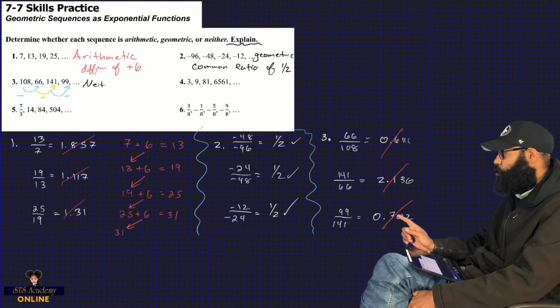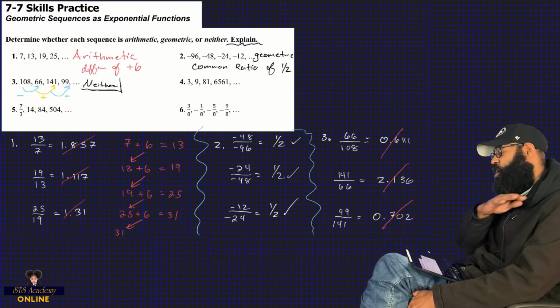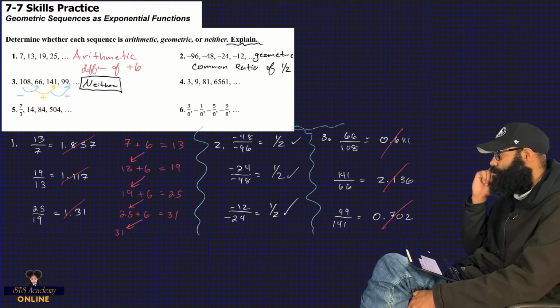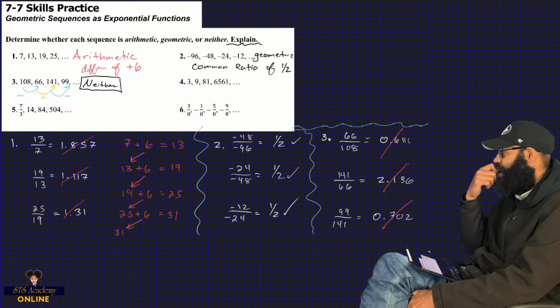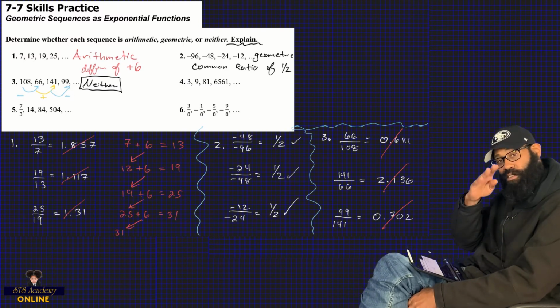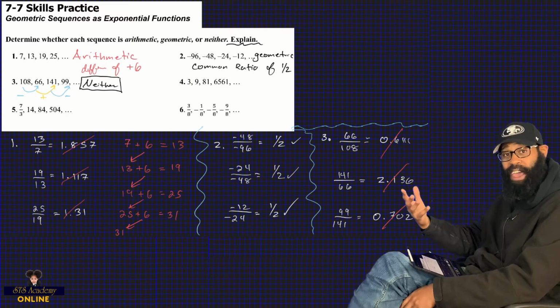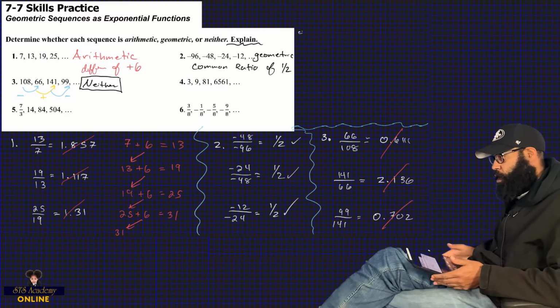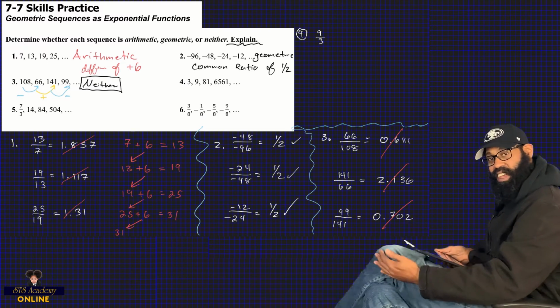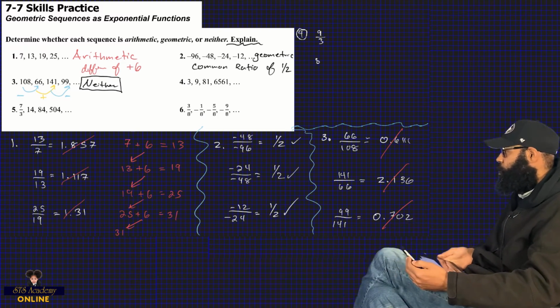And then from 141 to 99, I would have to subtract, so neither. Neither. So for number 4, and again, guys, you would have to subtract, keeping that pattern, that common arithmetic situation. You know, we're adding 6 each time, we're subtracting 2 each time, or whatnot.